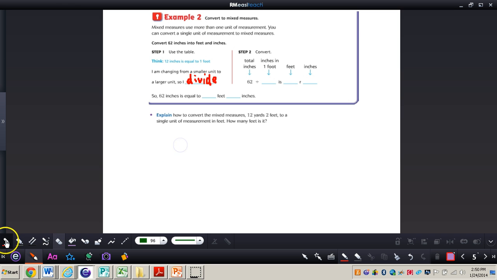I'm going to erase this now. And let's look at step number 2. It says it's time to convert. So we have 62 total inches, and we're going to divide that by however many inches are in a foot, which is 12 inches. 62 divided by 12: I know that 12 goes into 62 five times, with a remainder of 2 left over.